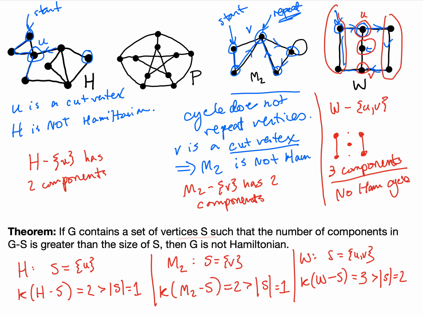So each of those graphs above met this criteria, some set of vertices S, such that the number of components in G minus S is greater than the size of S, and this tells us that G is not Hamiltonian.